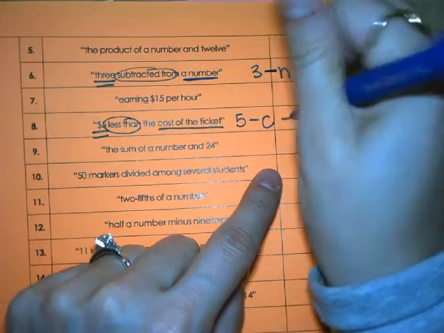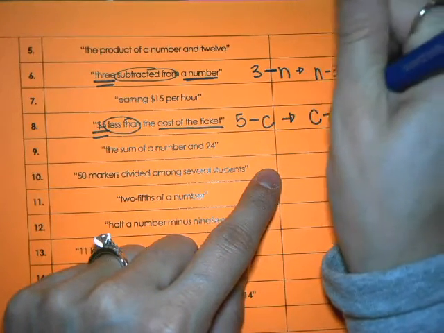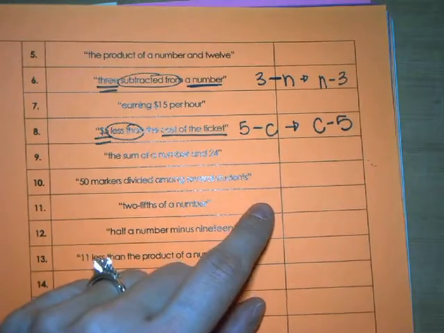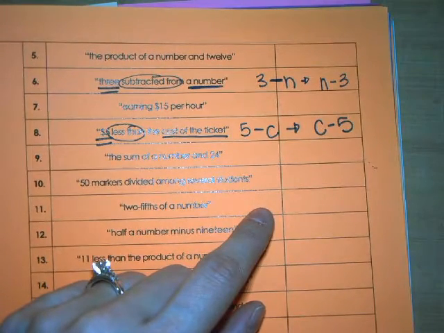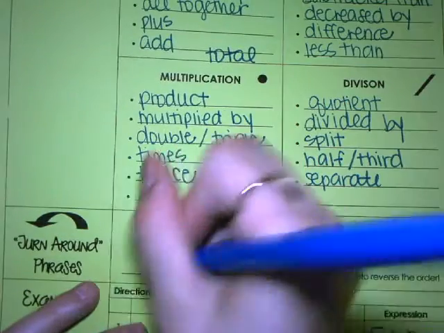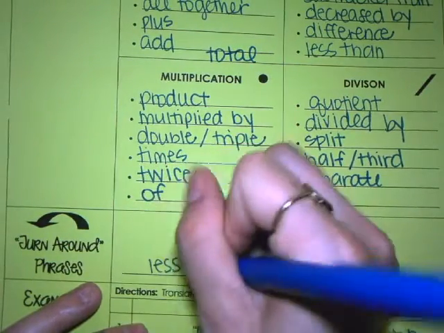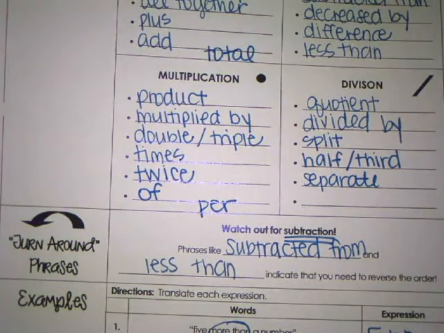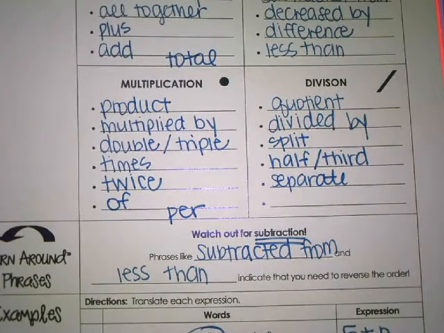So it should actually be C minus 5, or whatever your variable is, minus 5. Which means if you go back to the green page, less than is your other phrase. So if you see the phrases subtracted from and less than, you need to flip the order around.